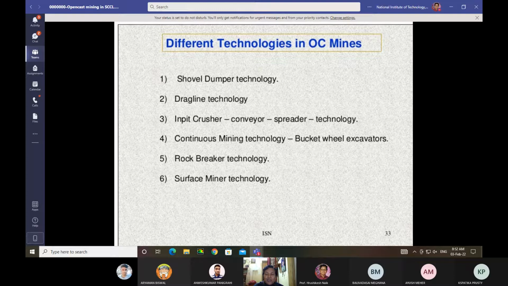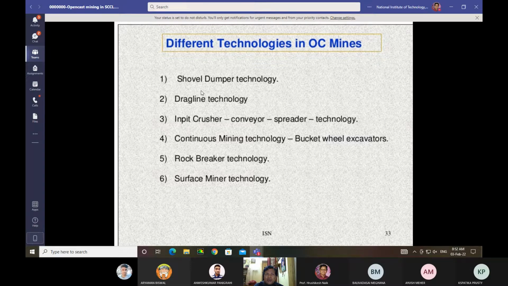So for mining the mineral deposits by opencast mining method, there are various technologies used in opencast mines. So today we are going to discuss what are those technologies which are used for surface mining.